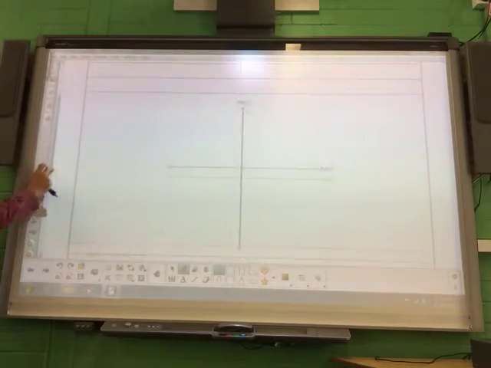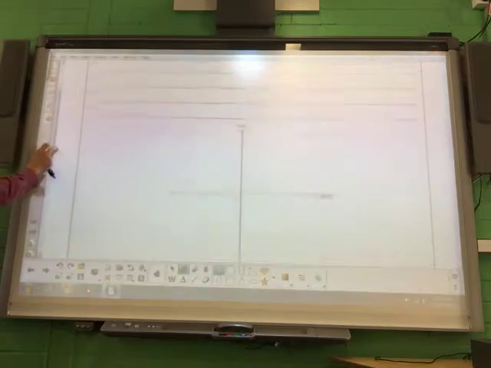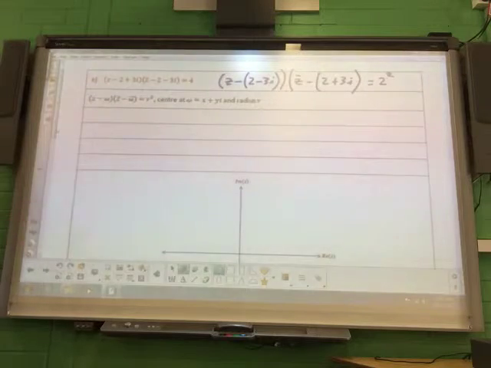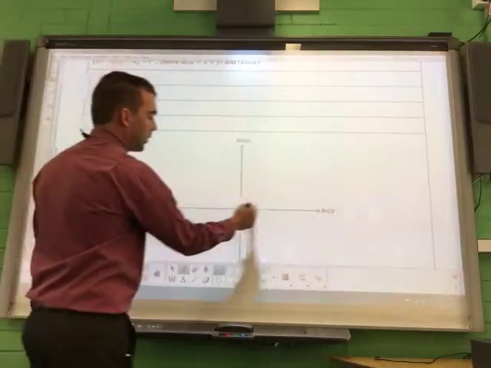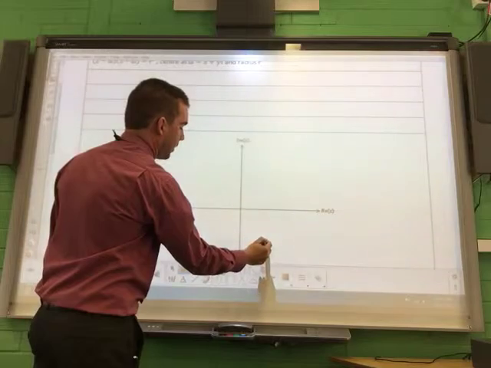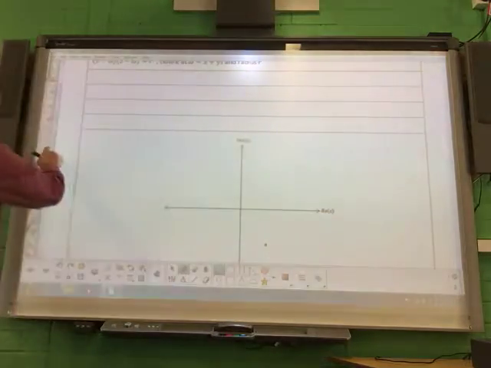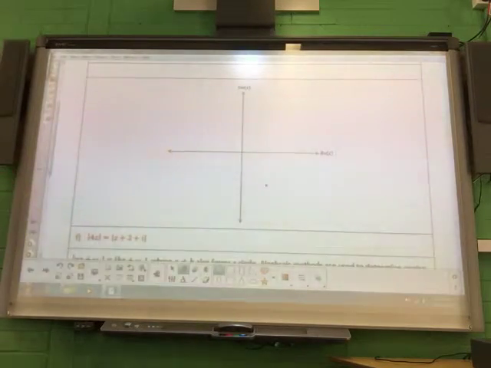Alright, so back to this one. The centre is at omega, the radius is 2. So 2 take away 3i. Somewhere there. Doesn't have to be overly accurate, as long as it's represented well.